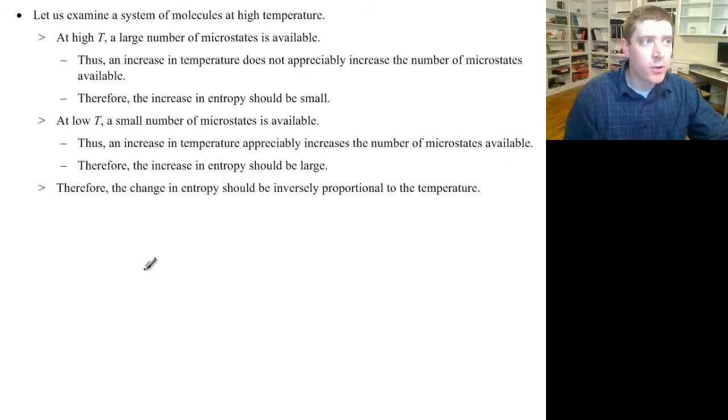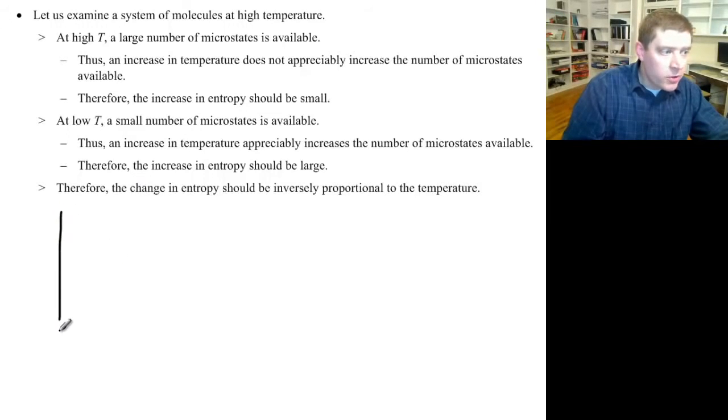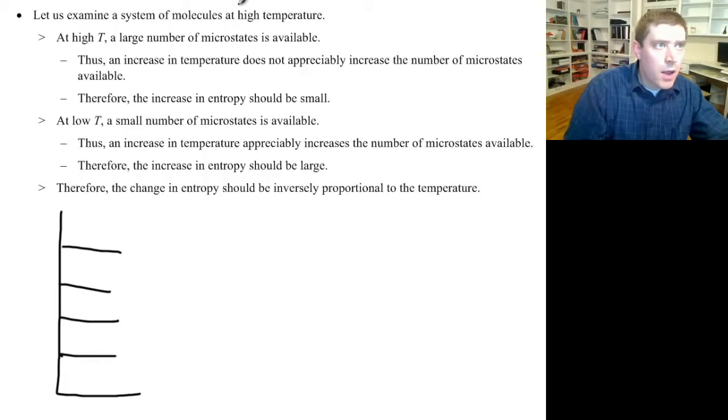Okay, so now let's examine a system of molecules at high temperature. We have our Boltzmann distribution here with some number of states. At high temperature, the population in the higher energy microstates is still fairly significant compared to the population in the lower energy states.